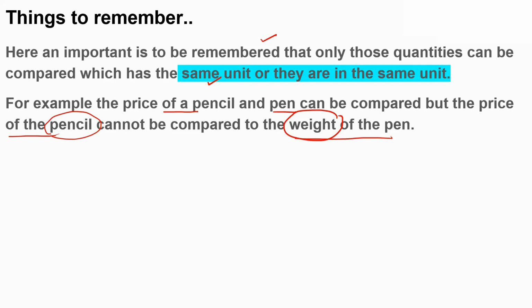With different countries, there are different denominated currencies. So the price of a pencil cannot be compared with the weight of a pen. The price of a pencil can be compared with the price of a pen, and the weight of a pencil can be compared with the weight of a pen. Okay, so these are the basic differences you have to keep in mind with ratios.